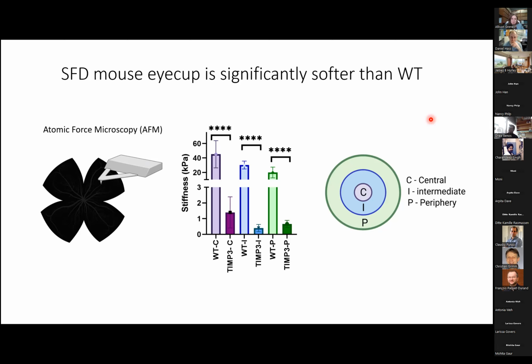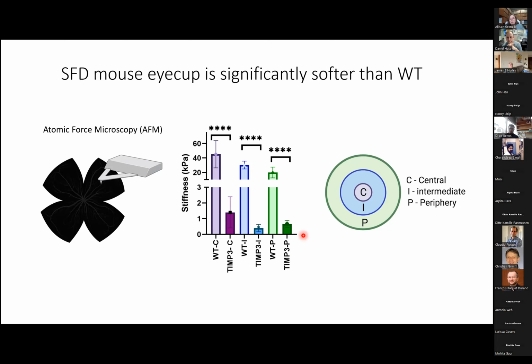We looked at 3 different regions of the eye cup, the central, intermediate, and periphery, and looked at the stiffness. Here, the 3 light colors represent the wild type stiffness in the 3 different regions, and the dark color is the mutant stiffness in the 3 different regions.